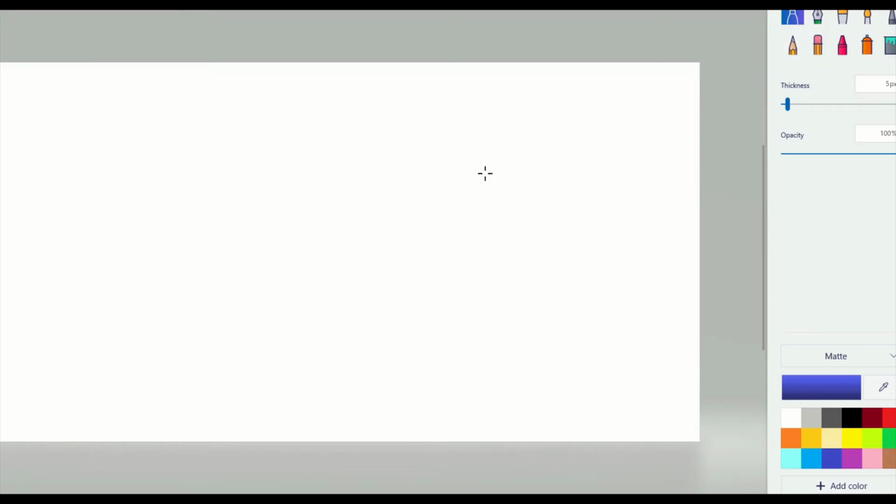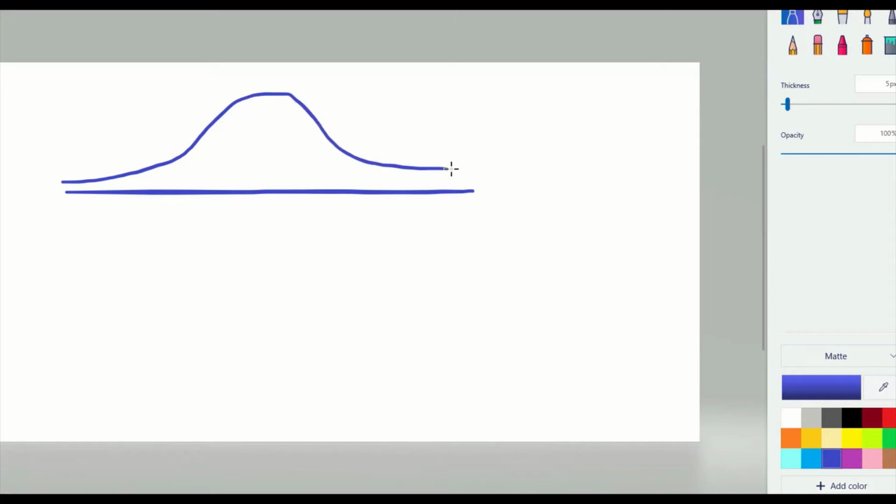So you should know by now that if you have a distribution, I'm going to start with the normal distribution. If you have a normal distribution and you're interested in calculating the probability of values between 2 points, then since you started with the normal distribution, with mu as the mean and sigma as the standard deviation, there is a possibility for you to turn this into the Z, which is the standard normal.